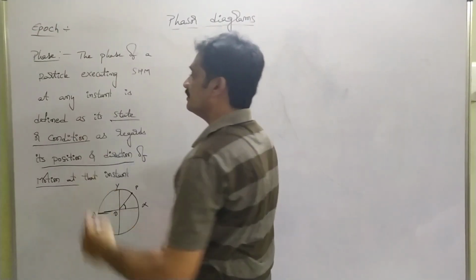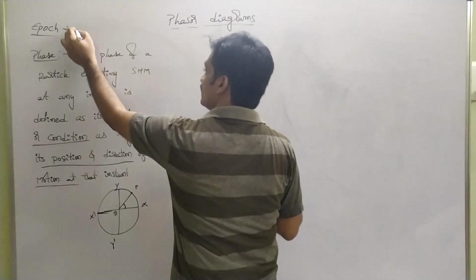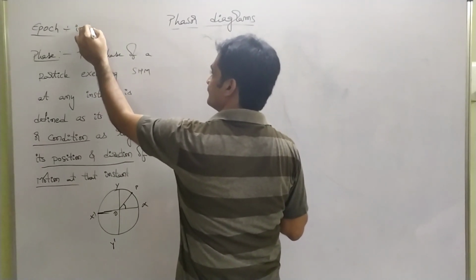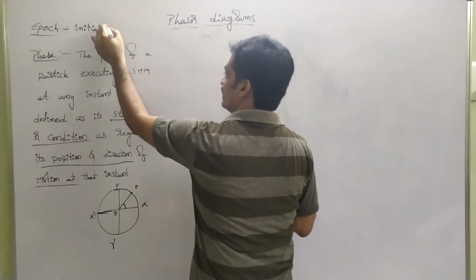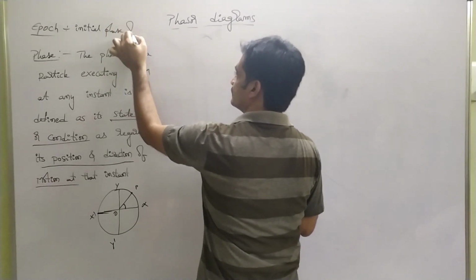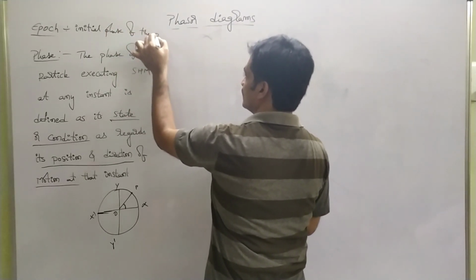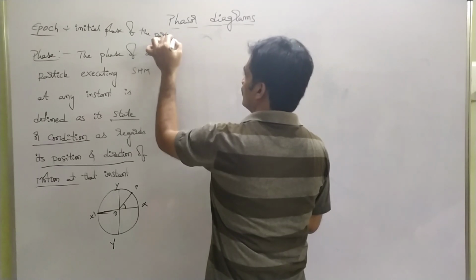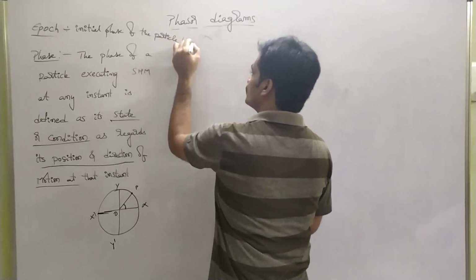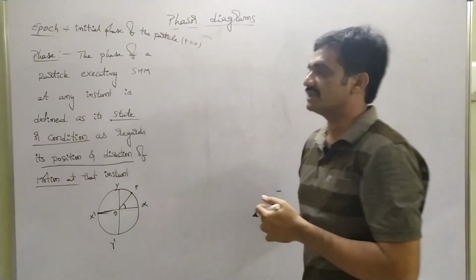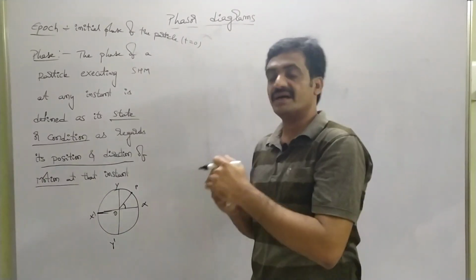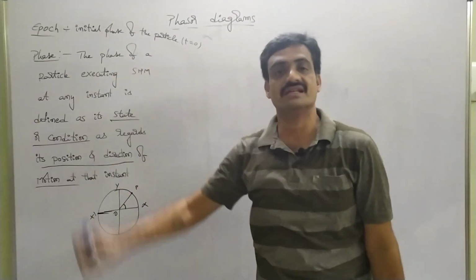Epoch is nothing but the initial phase of the particle. Means when the particle is going to start its motion, the angle made by the particle at that instant represents epoch.